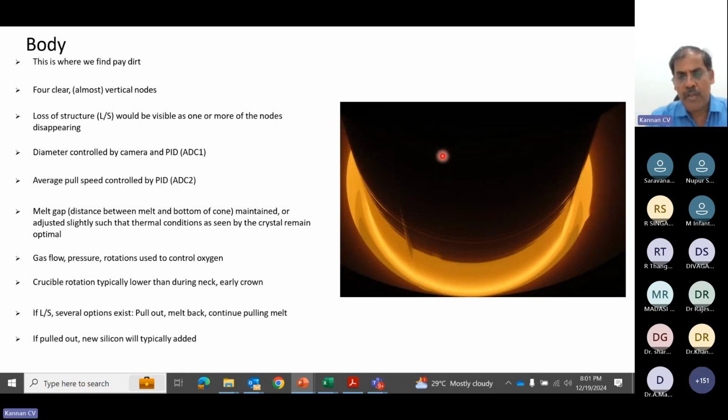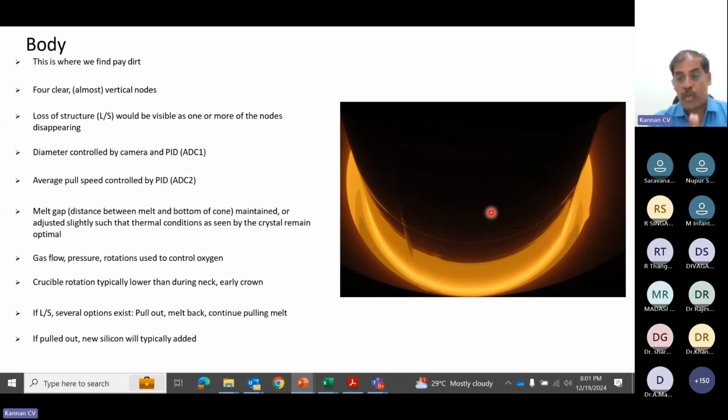Once the body starts, you can control the diameter, because you adjust the crucible rotation, the seed rotation, the pulling speed and the temperature. By controlling all these parameters, you can control the crystal diameter.